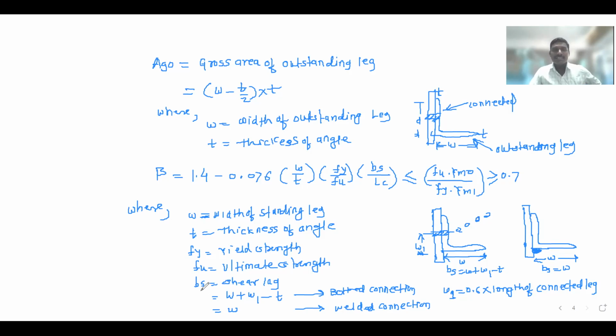That's why we call it Bs, and Bs is calculated in the bolted connection as W plus W1 minus T, and for the welded connection Bs is equal to W. What is W here? W is the length or width of the outstanding leg.